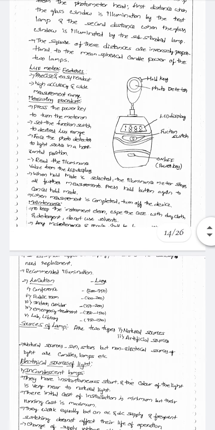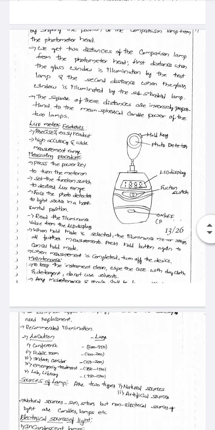Next, the features of the lux meter: it is easy to read, and it gives high accuracy. Next, the measuring procedure.